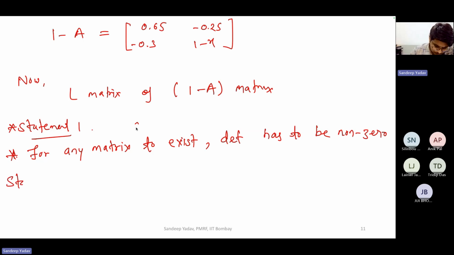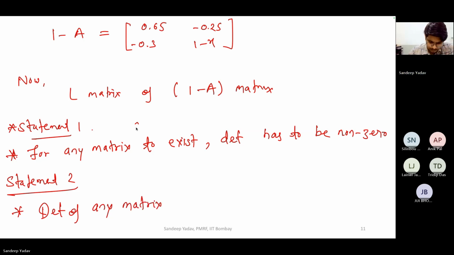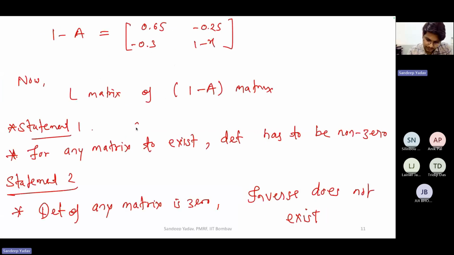And statement two is, if the determinant of any matrix is zero, that means the inverse does not exist.